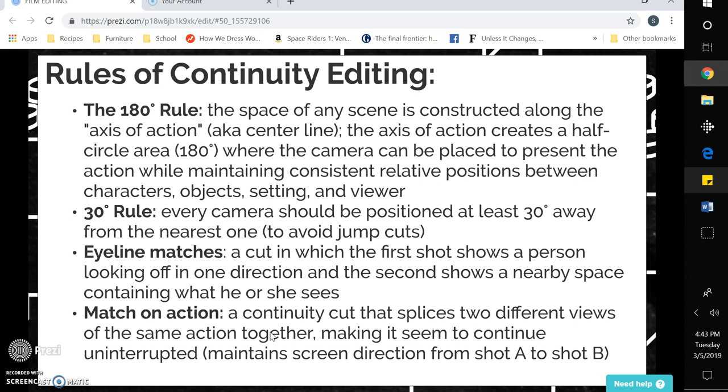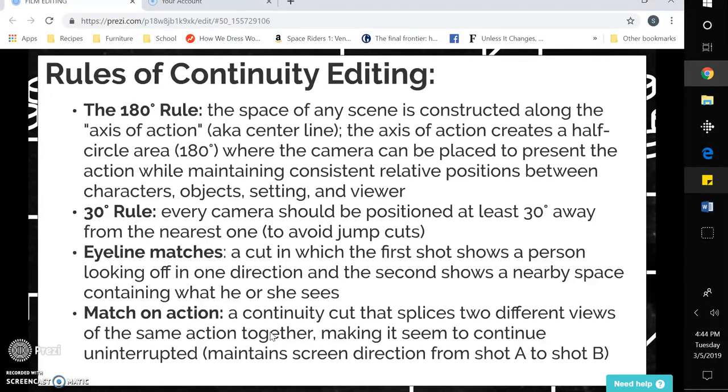So if in shot A the character is looking off screen right, and then we move on to shot B, we expect that whoever or whatever is in that spot is being looked at by the character from shot A. The eye line matches what we expect the eye line to match.